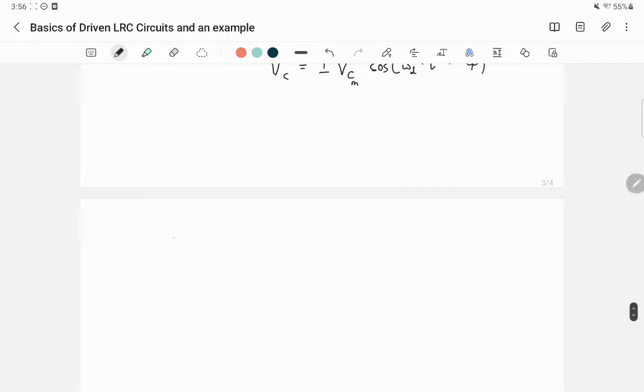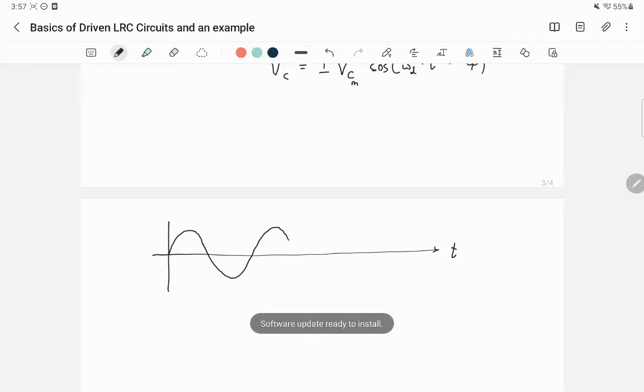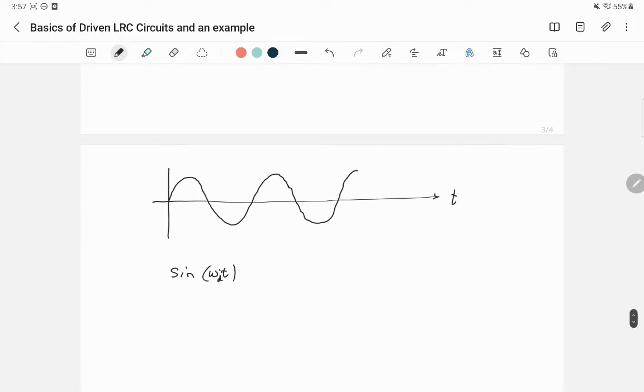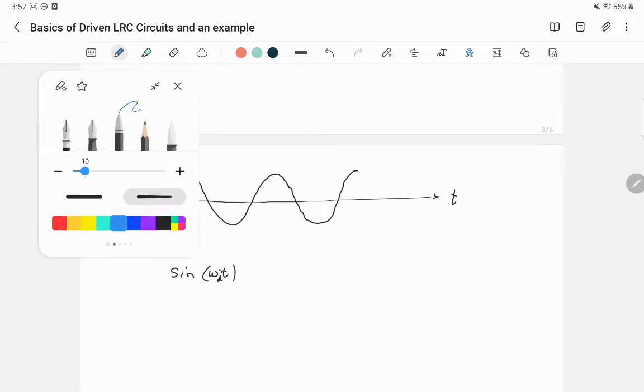So let me draw you a picture. This is in time, and here is what, for example, the sine function looks like. I'll just say it's sine of omega d times t, and I'll drop the phase angle just for a second. Let me draw a different function with a different color.